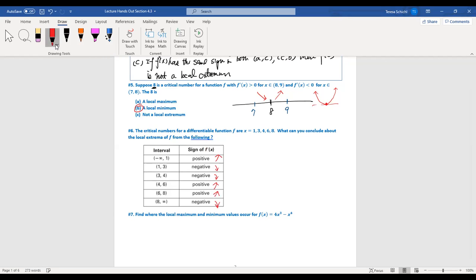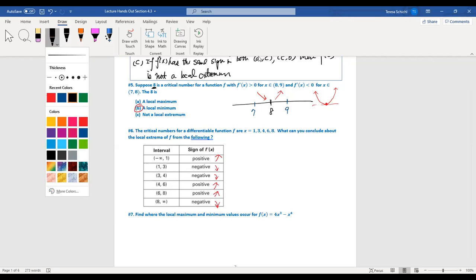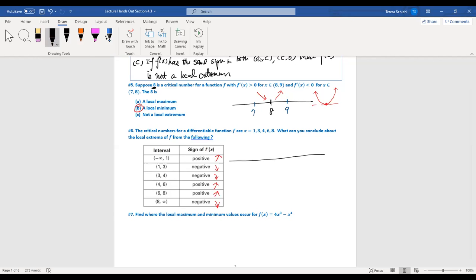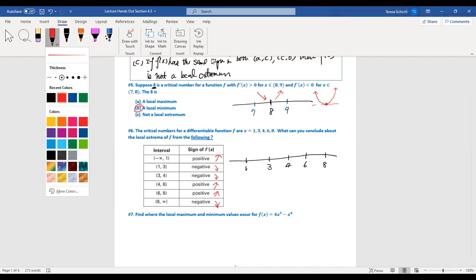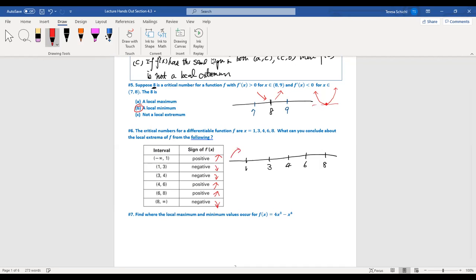Okay, now let's take a look. Where are my extrema here? Put it onto a number line. This is my 1, 3, 4, 6, 8, right? So these are my critical numbers. Negative infinity to 1 is increasing, so it goes up.